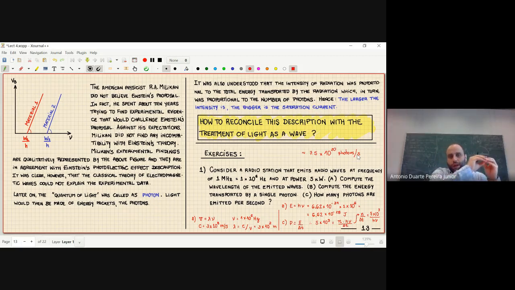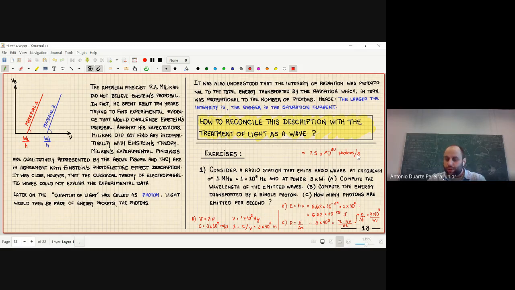So if you have a collection of photons and you want to know what is the total energy, then you have to know how many photons you had there and multiply this number by h nu. This will be the amount of energy that flowed per unit time that you make this measurement.